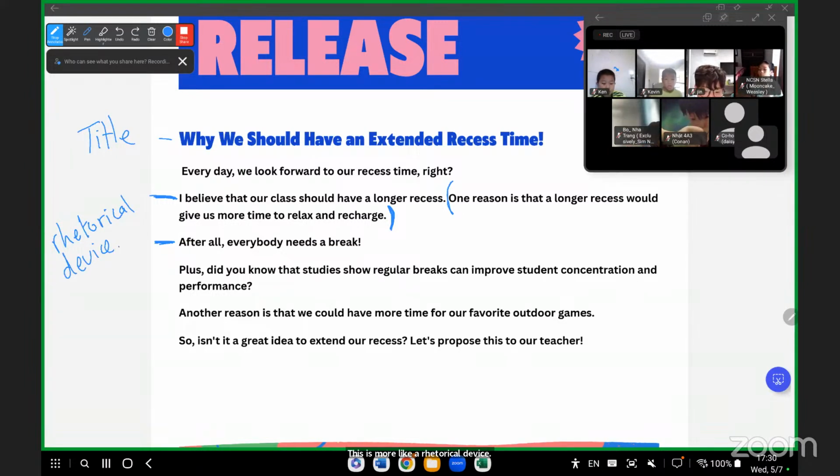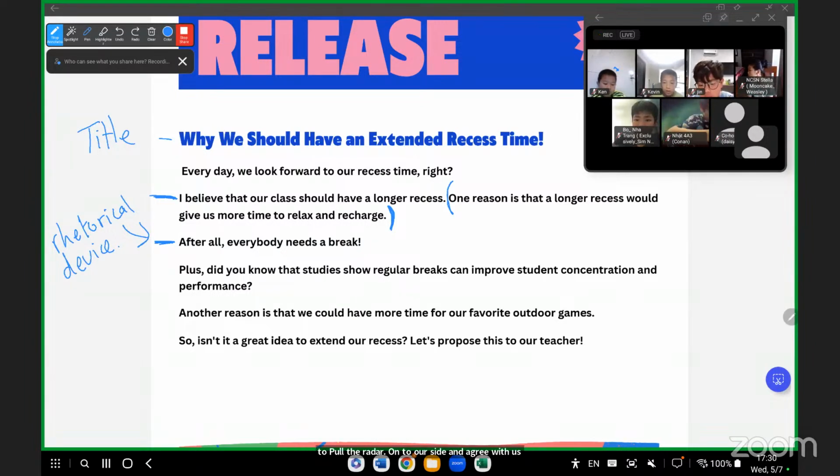A rhetorical device is a statement or a question that doesn't need an answer because it's obvious. It's just put there to make you go, yeah, you're right. Everyone deserves a break. So it's just another way to pull the reader onto our side and agree with us.